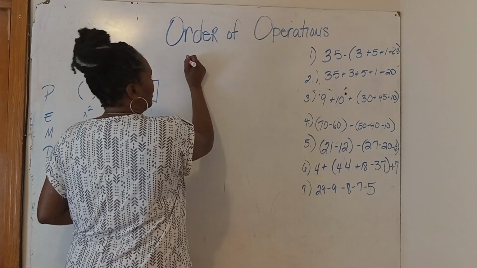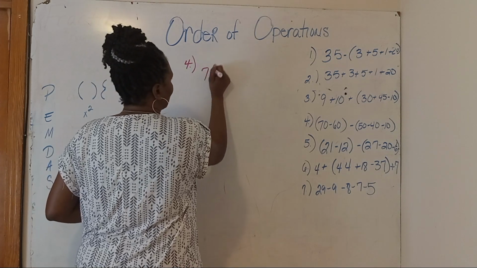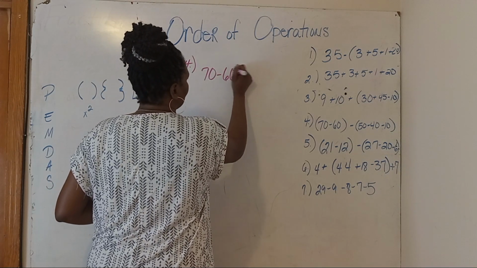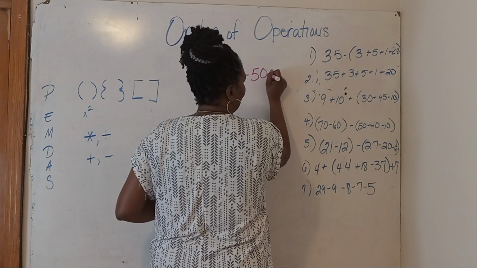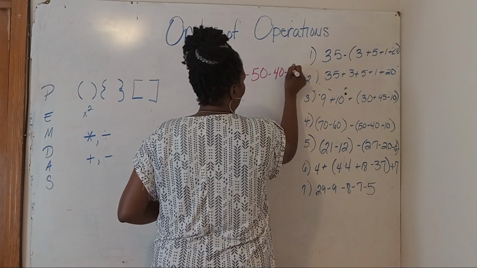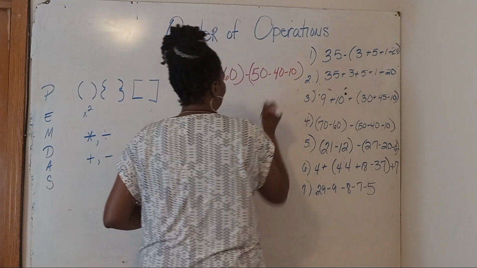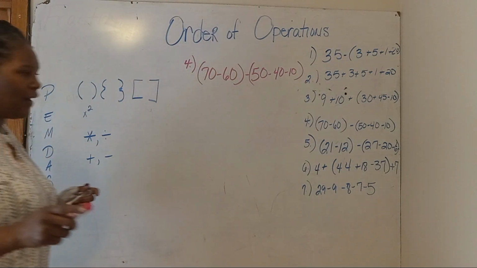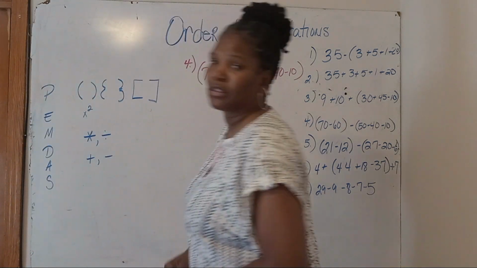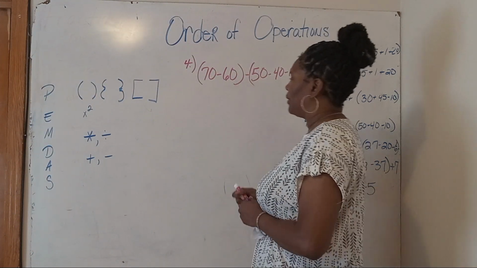Okay? Number 4. We have 70 minus 60 in parentheses minus 50 minus 40 minus 10 in parentheses. Oh, Miss Wilson, that looks different. We're going to follow the rules. We do what's in parentheses first. This is in parentheses.